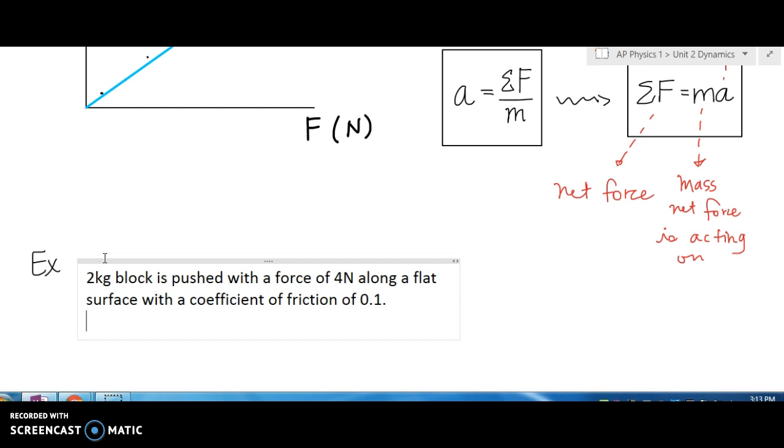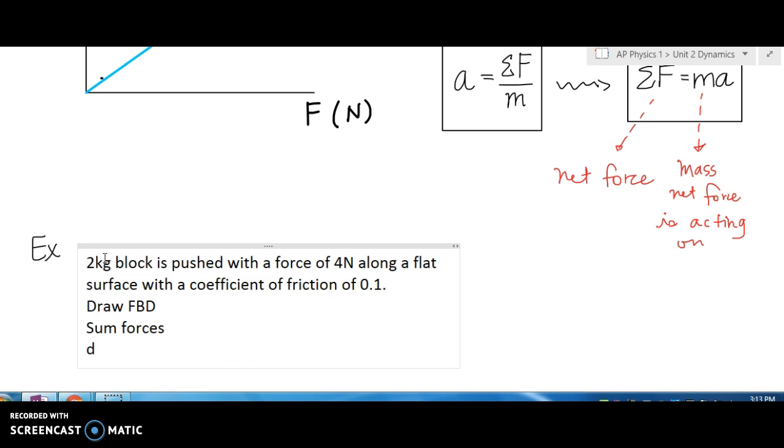So what we're going to do first is draw the free body diagram. We're going to sum the forces, and then we're going to determine the acceleration. Okay, so what does this look like?